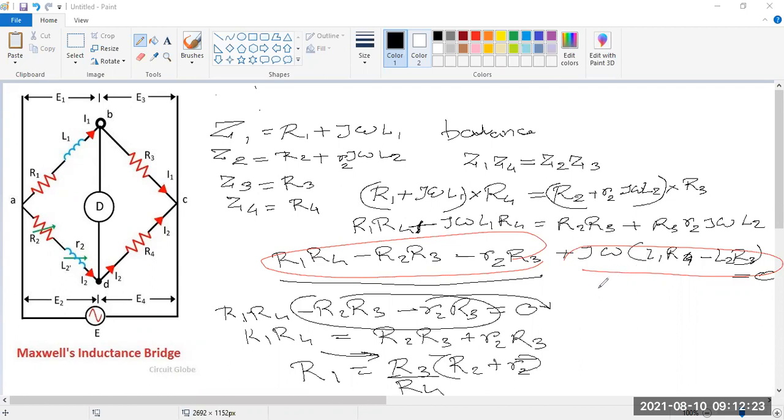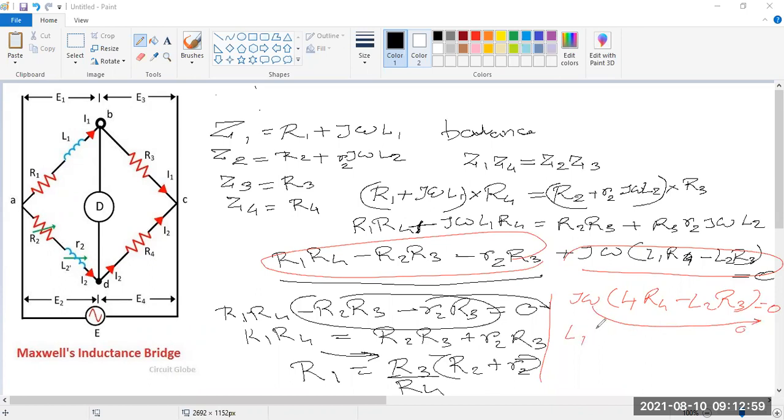So this is the imaginary part, and this part is also 0. So j omega into L1 R4 minus L2 R3 is 0. So j omega also becomes 0, because from here you can find it out. J omega into, this is the imaginary part, R4 minus L2 R3 equal to 0.